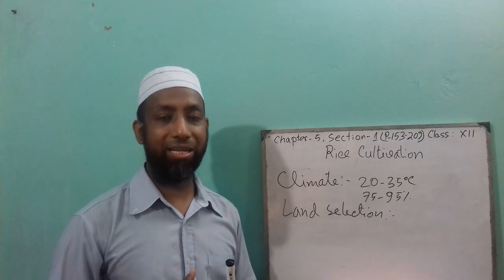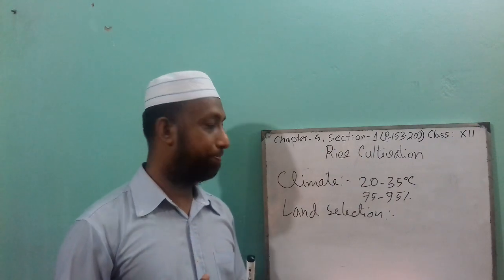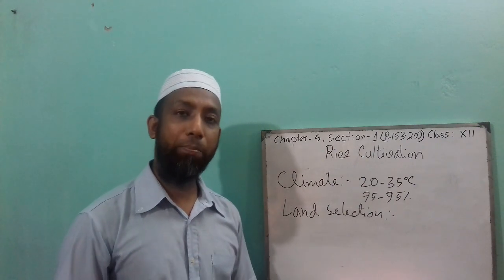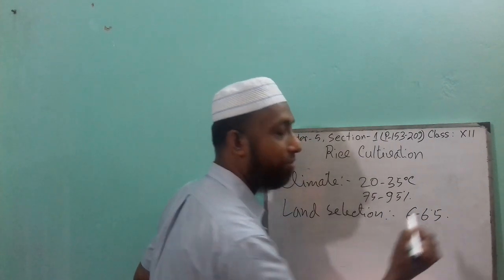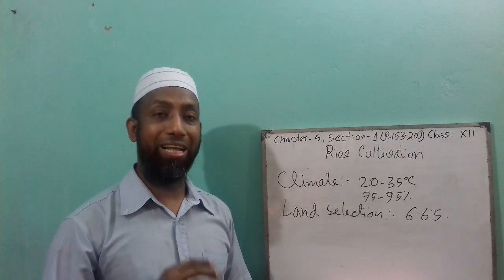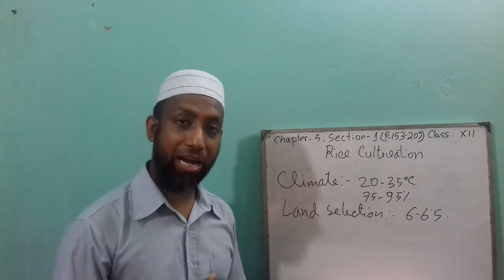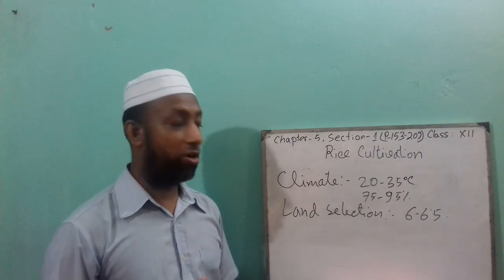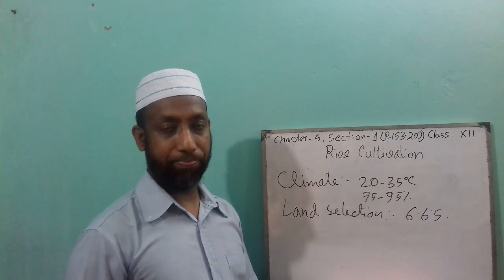If there is any water stagnant condition, rice can be cultivated as well. And then soil pH should be 6 to 6.5, and the land should be well drained, with irrigation facilities, and fertile and productive soil. This is the land selection.